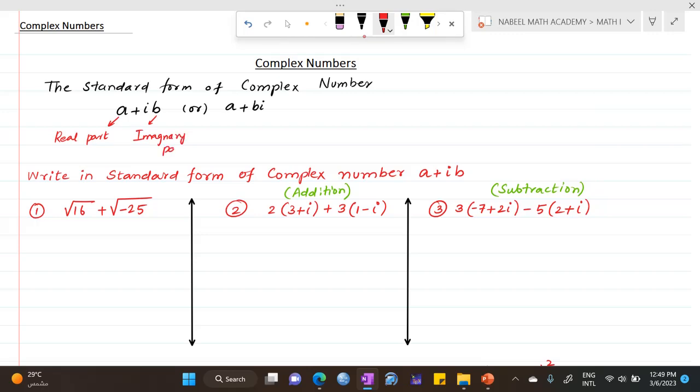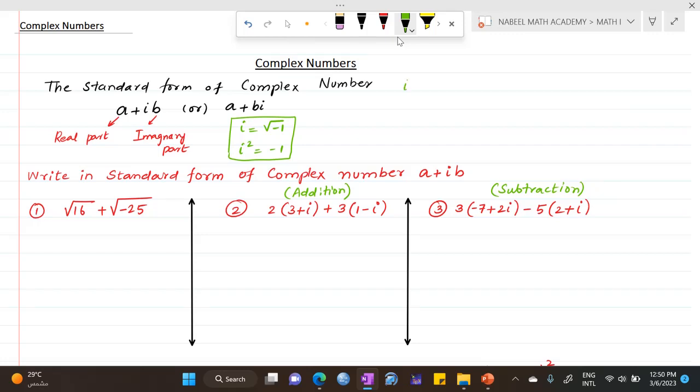Here i denotes the square root of minus 1. So i square is equal to minus 1. Using this rule, you can solve all the powers of i.